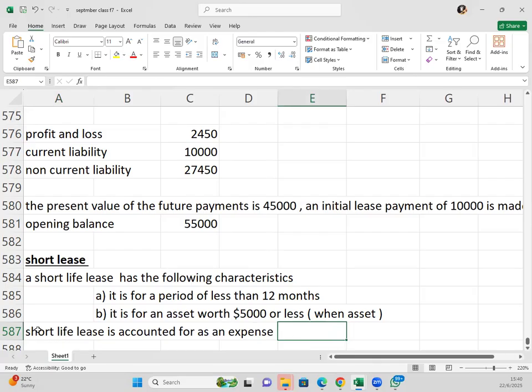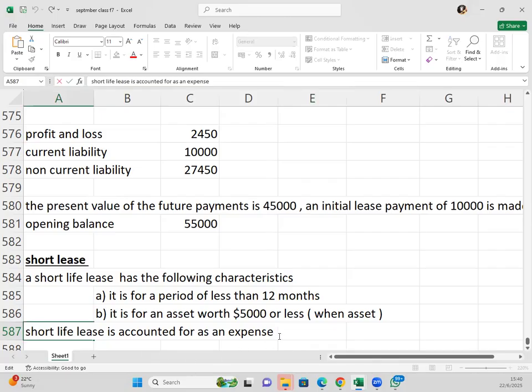We treat it as an expense, and there is no need to create the right of use asset and the lease liability.